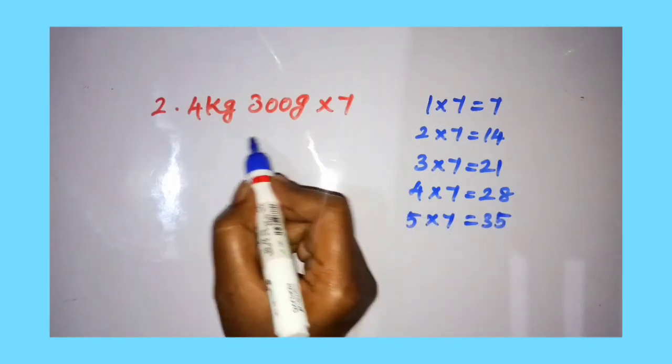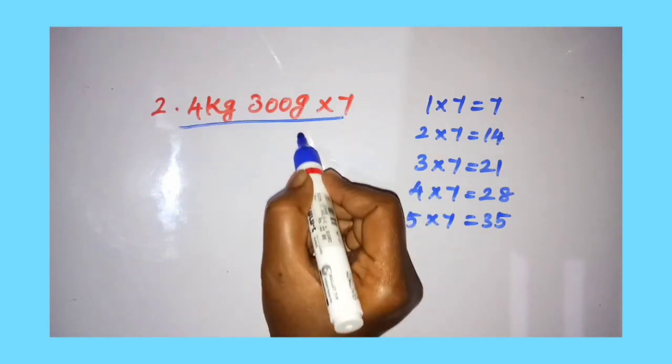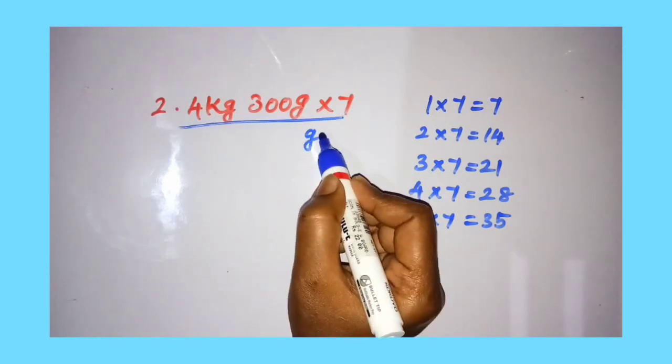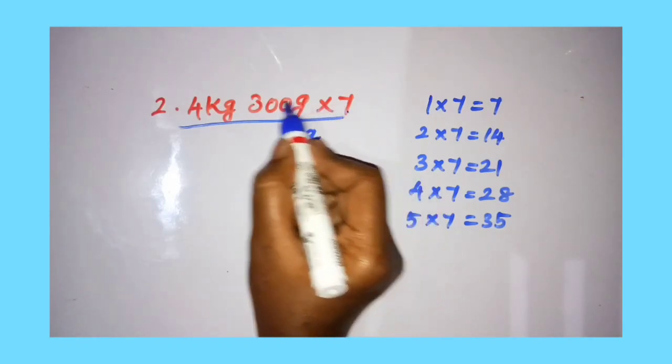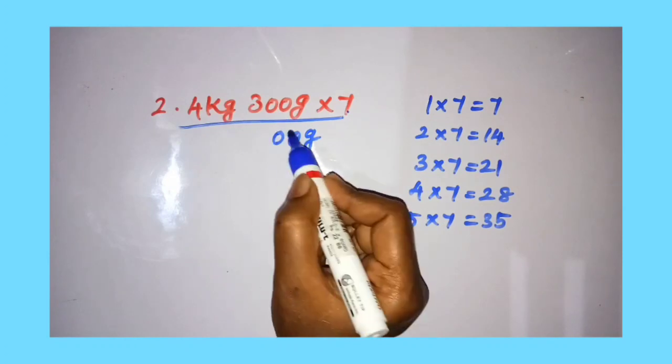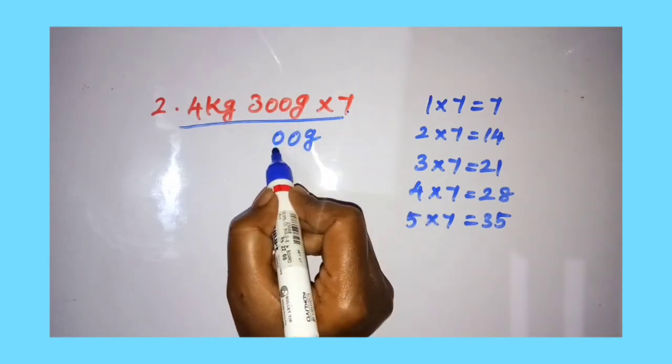Now we multiply the value. First the measurement is gram, so we write gram. 7 into 0, 0. 7 into 0 again gets 0. Any number multiplied by 0 gets 0.